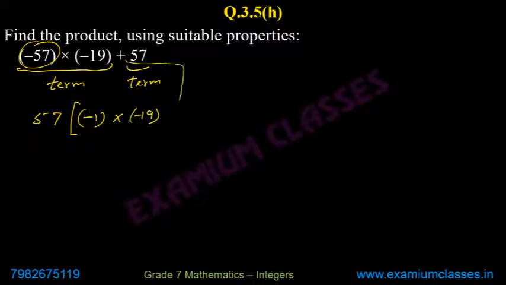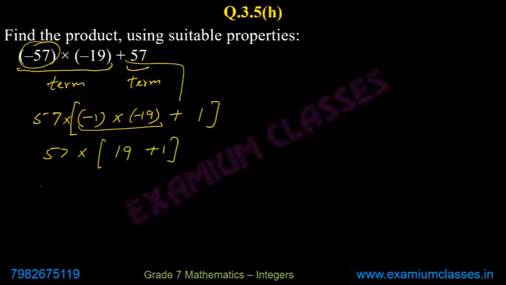Then this plus sign. And it will have 1 only because you have taken this 57 outside. So it will be 57 and there will be multiplication sign here. Minus 1 into minus 19, plus 19. That is 57 into 20, 1140.